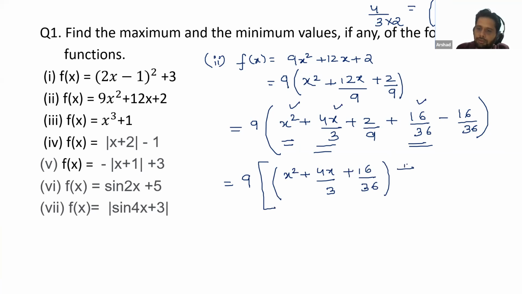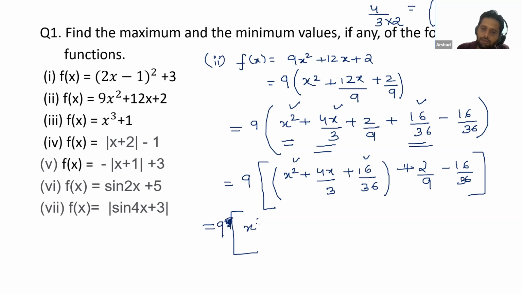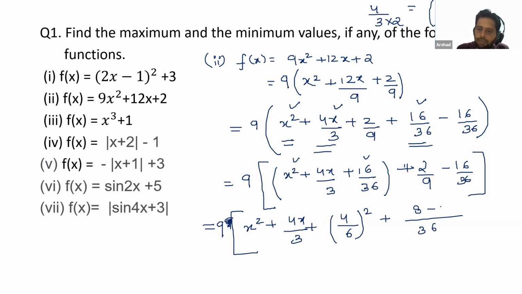Next is plus 2 by 9 minus 16 by 36. This always makes a formula. Check the formula: a squared plus b squared plus 2ab. So we can write x squared plus 4x by 3 plus (4 by 6) whole square. And here you can take the LCM. LCM is 36. So 4 times 8 minus 16.